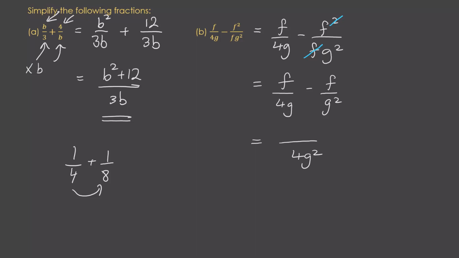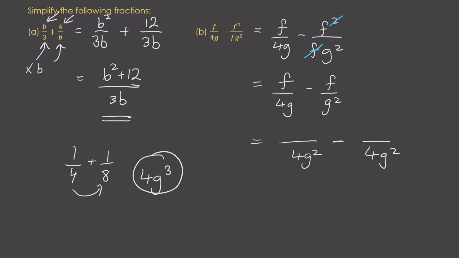And that will be our denominator. 4g goes into 4g squared and g squared goes in. Now, you could have just multiplied them together and got 4g cubed. The only difference is when you get to the end, you'll find that you can cancel down. Maybe we'll look at that at the end. So let's use 4g squared.